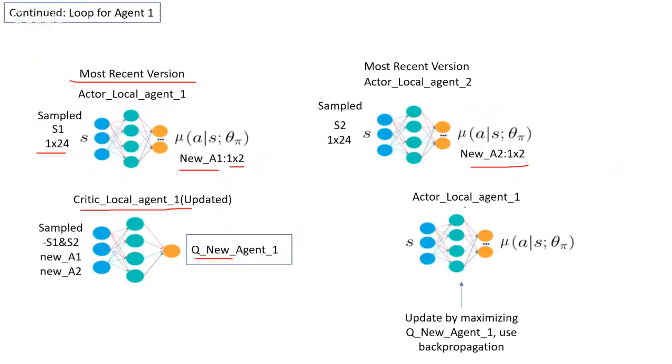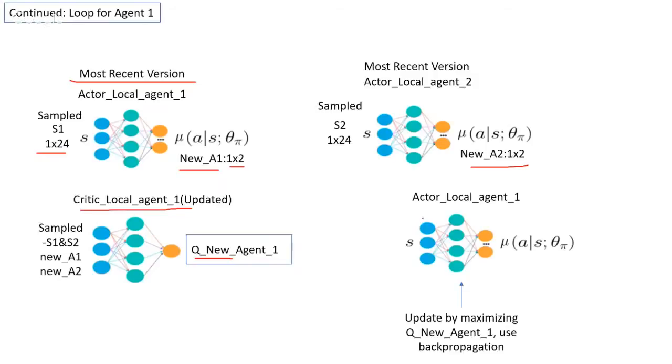Then I will update the parameters of my actor local network, the current version of it. And I don't have to mention current version, because when you initiate your optimizer, you say that the parameters are going to be actor local dot parameters, right?